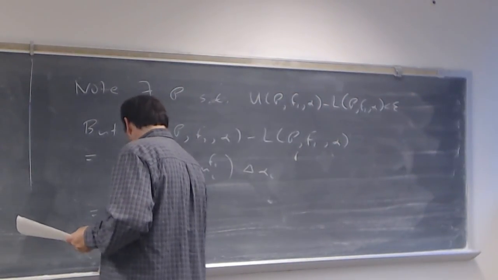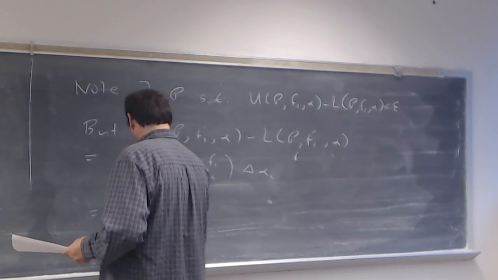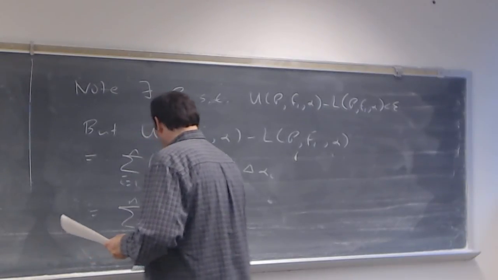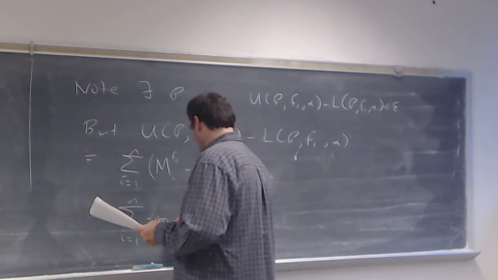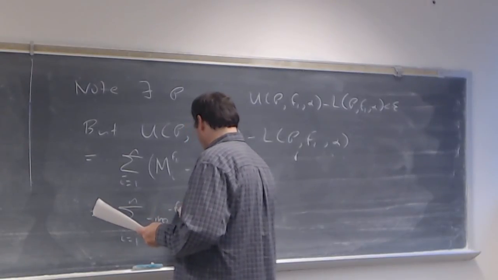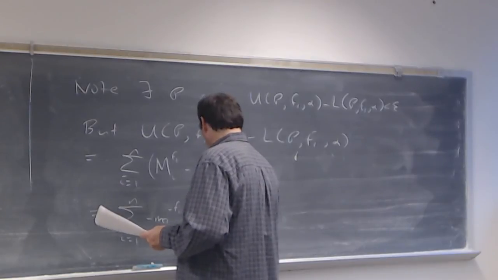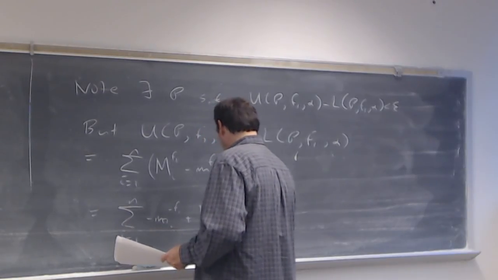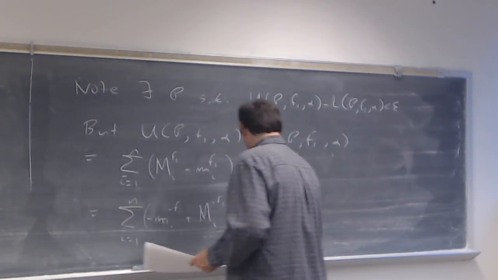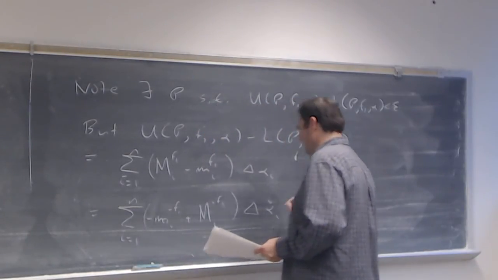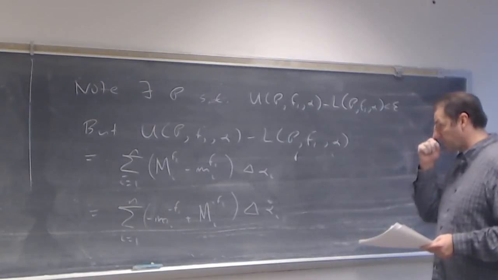because of the facts that we listed on the left-hand board, this would be the minus m sub I of minus F sub 1, plus this would be big M sub I of minus F sub 1, delta alpha sub I. That's the facts that we have.